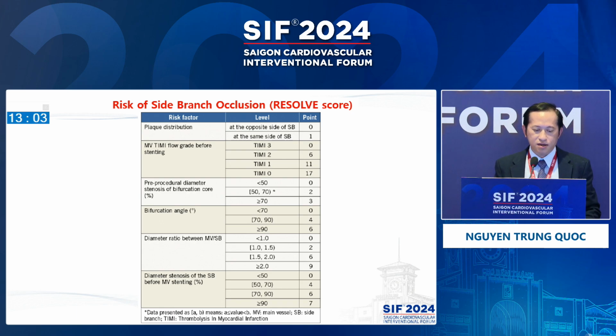The third one is the pre-procedure diameter stenosis of the bifurcation. And the bifurcation angle more than 70 degrees increases side branch occlusion. Then the diameter ratio between the main branch and side branch. And the last one is the diameter stenosis of the side branch before main vessel stenting.